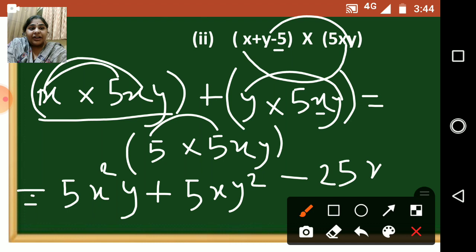And xy as it is. I hope this is clear and there are no like terms, so we will stop here. It is 5x square y plus 5xy square minus 25xy.